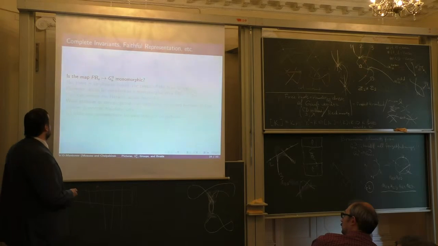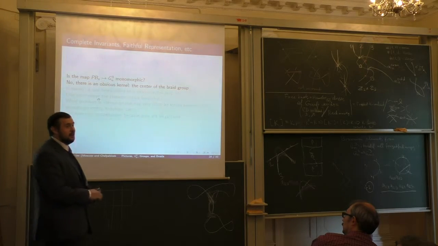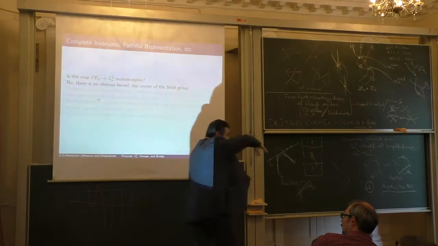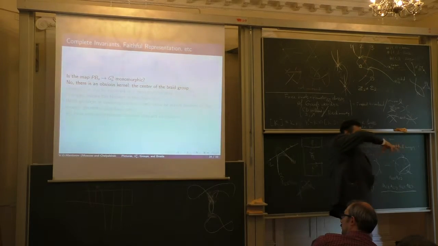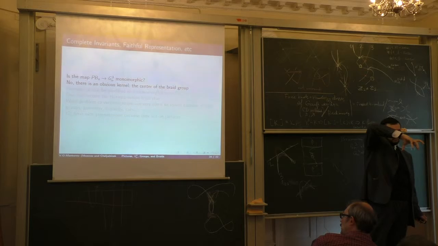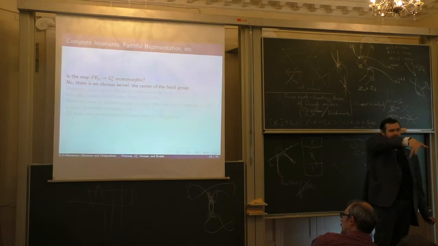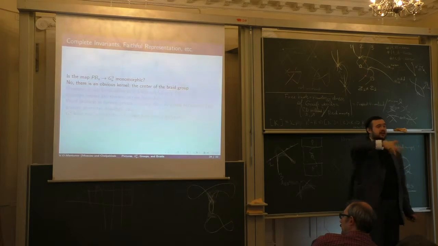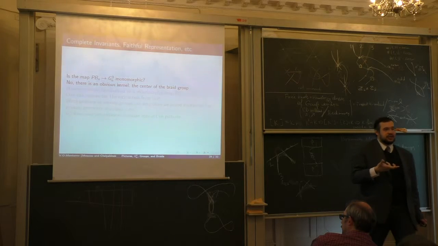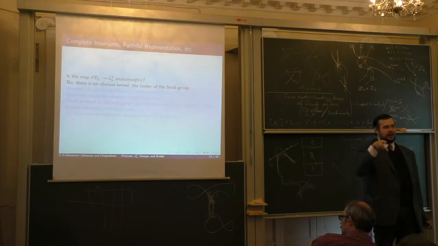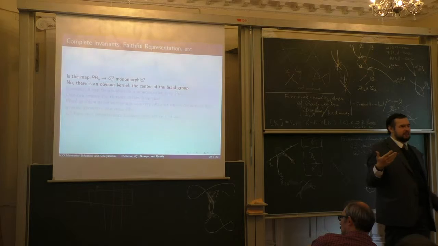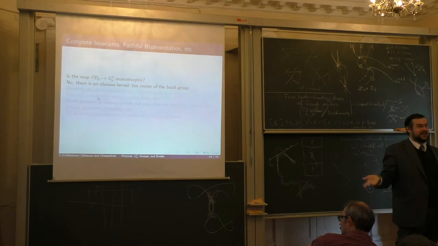The answer is obviously no, because if we consider the center of the braid group, when we rotate all points and they remain on the same circle, then this rotation will have no moments when some 3 points are on a line. They are always on the circle, so this will go to the unit.